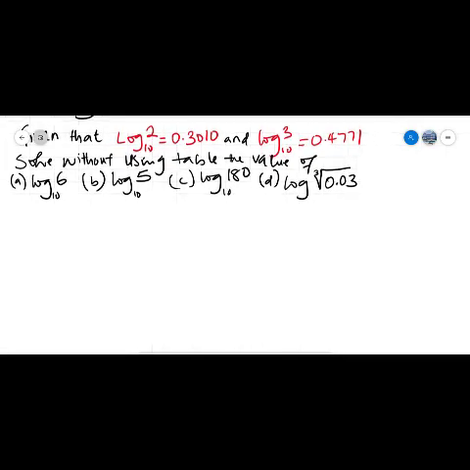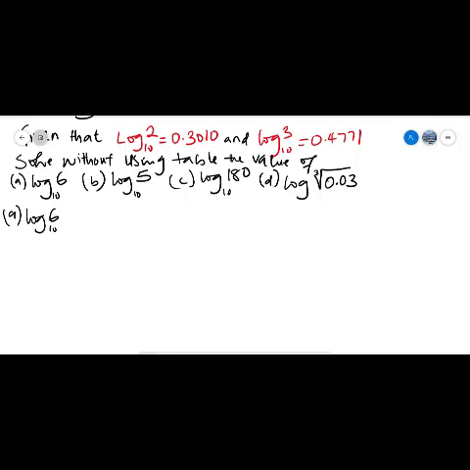Now you observe that in this question, you've been given a particular value. You've been given the value of log 2 and the value of log 3. And you are not expected to use a table to find this. So let's start with the first one. The first one says solve log 6 base 10. Because we've been given log 2 and log 3, I should ask myself, is there anything about 6 that has to do with 2 and 3?